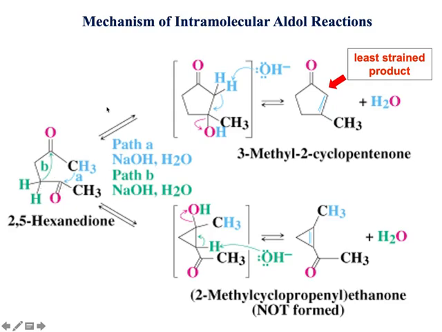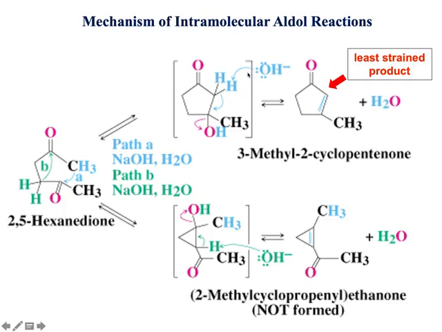So what happened? There are 2 paths. For path A, which is this one, using a strong base, this alpha carbon will attack this one and cyclize here. Once you cyclize, there are 2 alpha hydrogens.